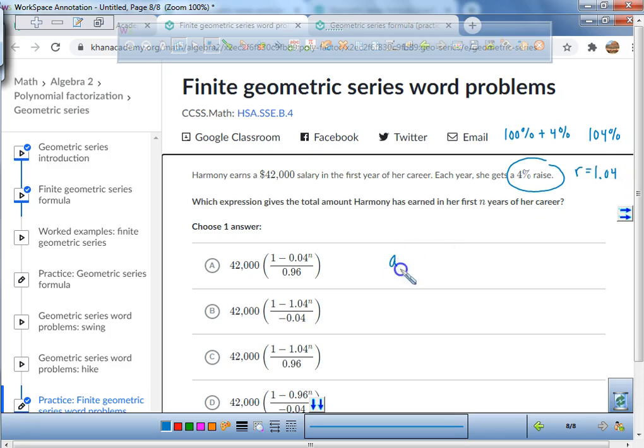So here we go. Here's your first term. Your first term is 42,000. All right, so that's your first term. Then what's the common ratio? The common ratio is 1.04, so we have to write S of n equals our first term times 1 minus r to the power of n, all over 1 minus r.